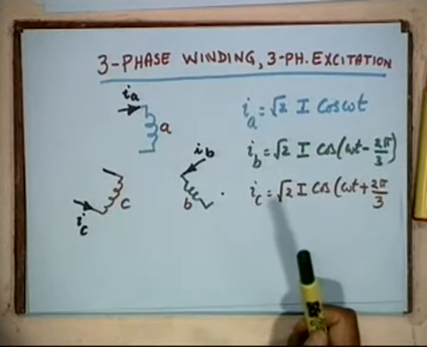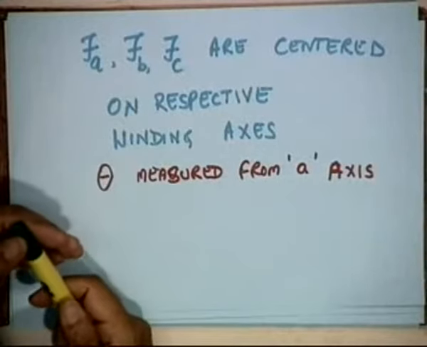So, what will it create? Instead of one pulsating field, you are likely to get three pulsating fields, but centered around the respective axis A, B, C, right. It is simple logic. So, you find three MMFs now.